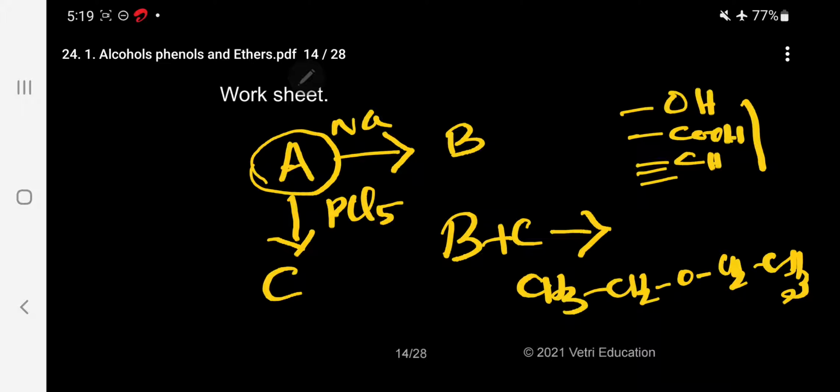It may be alcohol, it may be even the corresponding alkyne, but it produces the sodium salt of that compound.